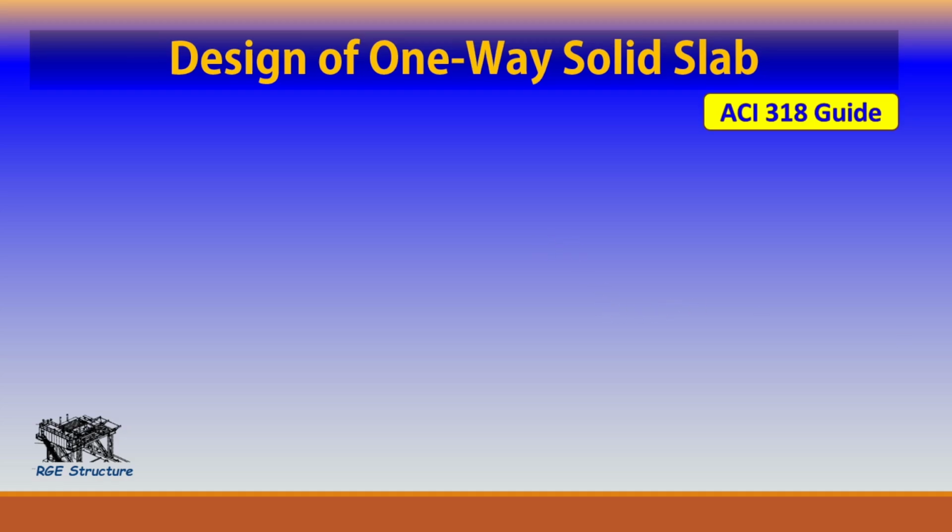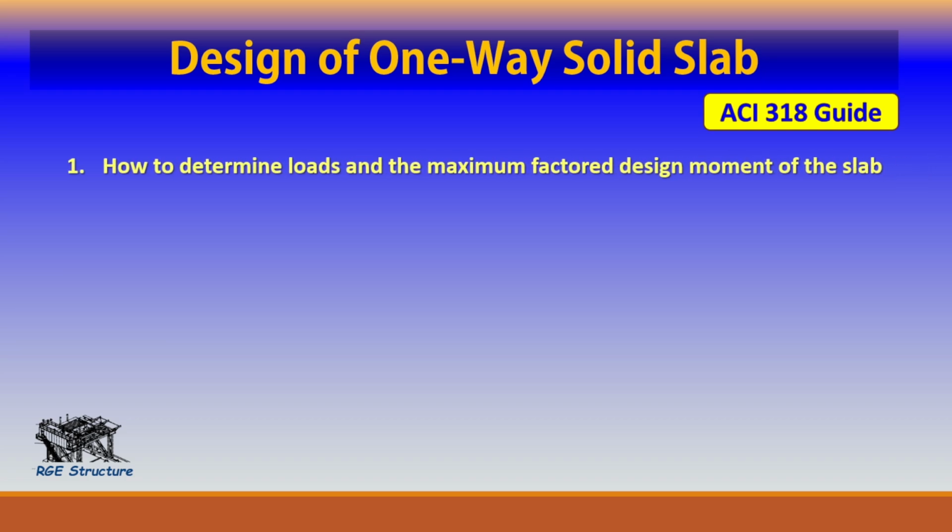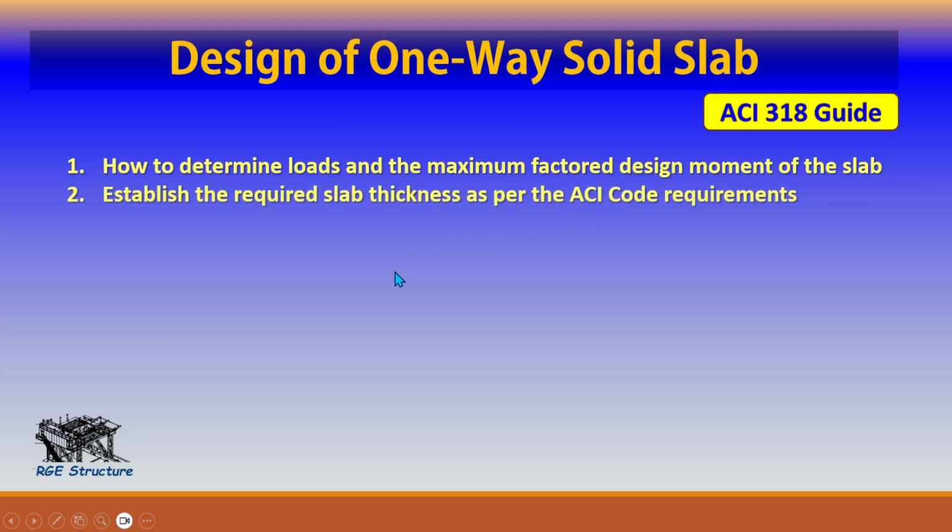In this video, you will learn the essential steps on how to design the one-way solid slab, including the following key points: how to determine loads and the maximum factored design moments of the slab. We also cover how to establish the required slab thickness as per the ACI code requirements, and design the slab for tension reinforcement.